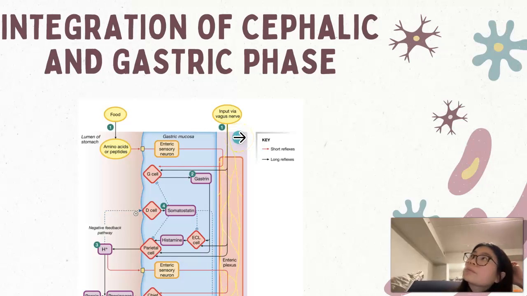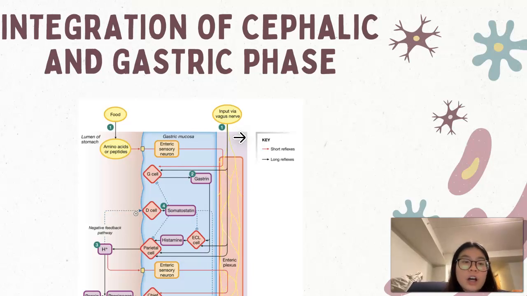So say you're thinking about eating food or thinking about a specific dish, your brain would send information to the stomach to turn it on, since it's part of the cephalic phase.